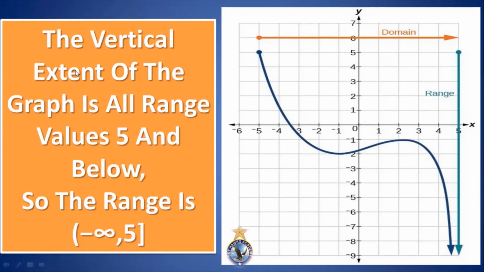The vertical extent of the graph is all range values 5 and below. So the range is, now look at this. It is starting from here, -5, coming down as well. This -5 is for the x.